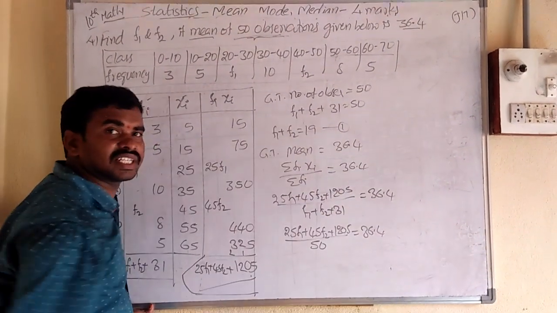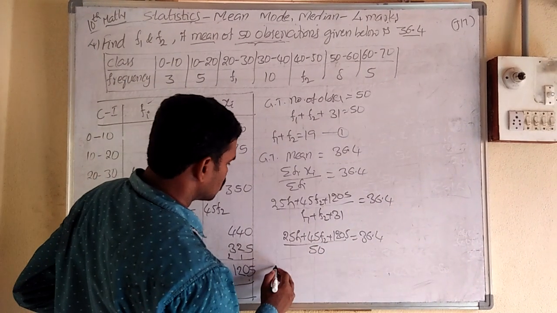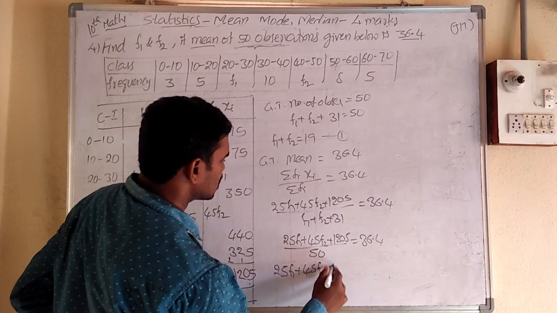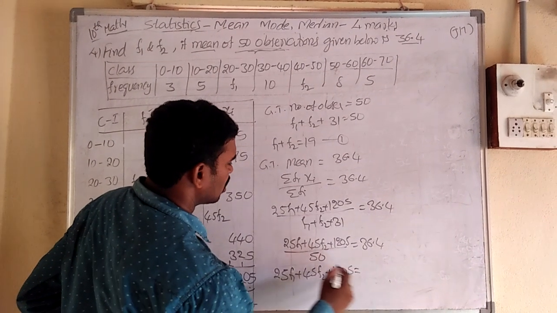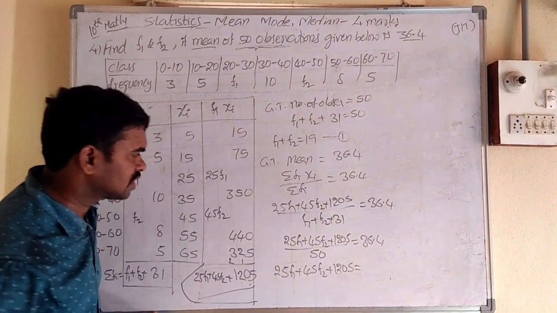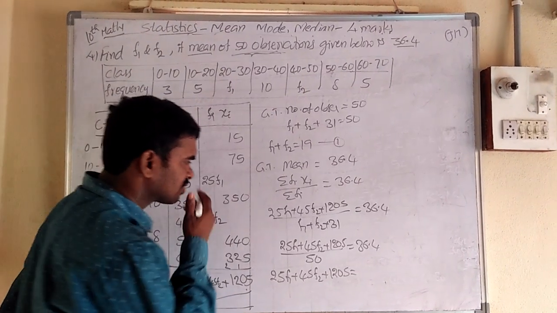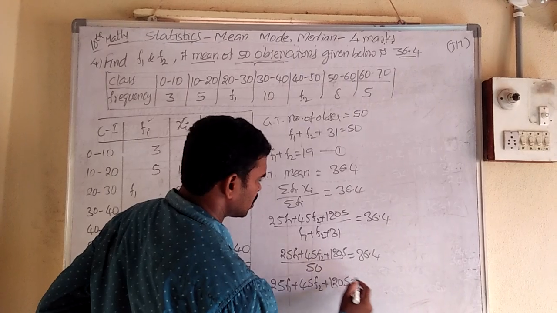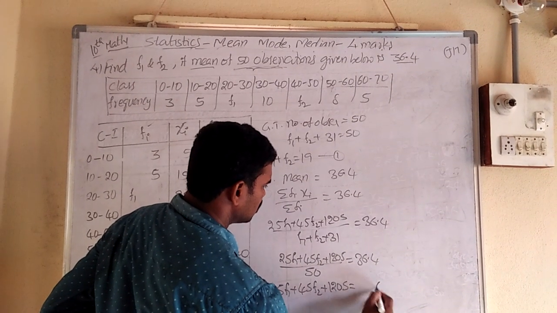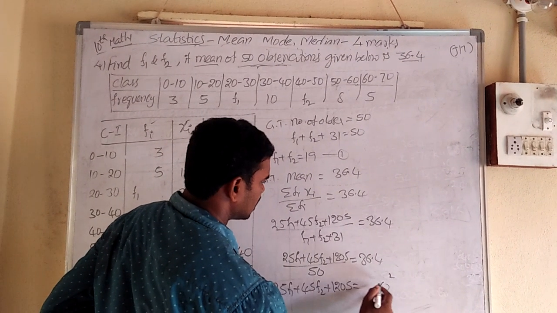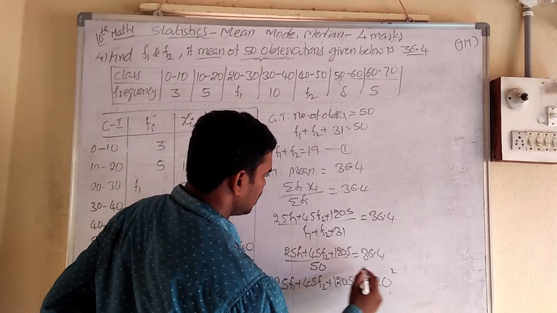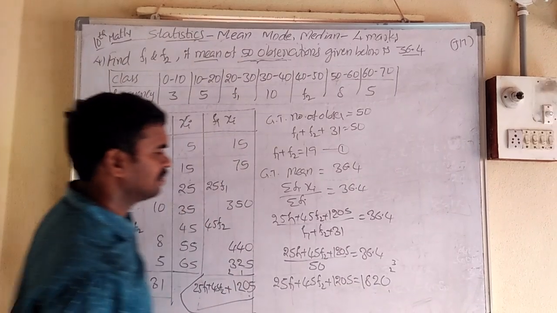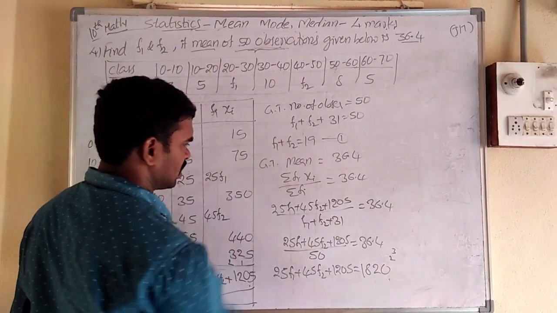Next, 50 goes to the right side as multiplication. So 25 f1 plus 45 f2 plus 1205 is equal to 50 into 36.4. How much is 50 into 36.4?